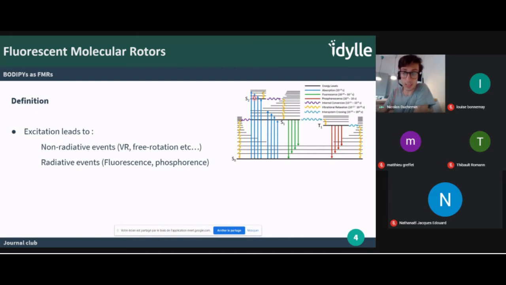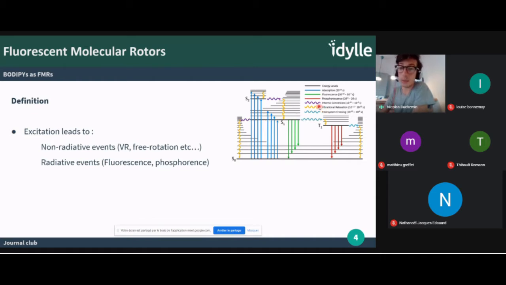And you can have different types of events. You have non-radiative events, so it can be vibrational relaxation or free rotation, that typically goes into the zigzag type of mechanism. And you have radiative events, typically fluorescence or phosphorescence.